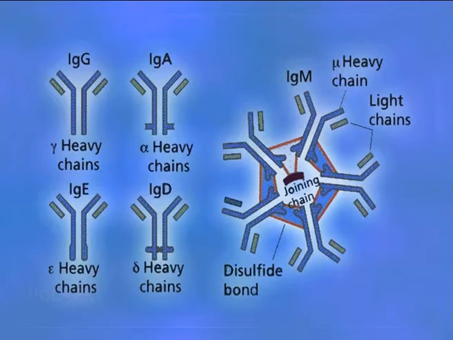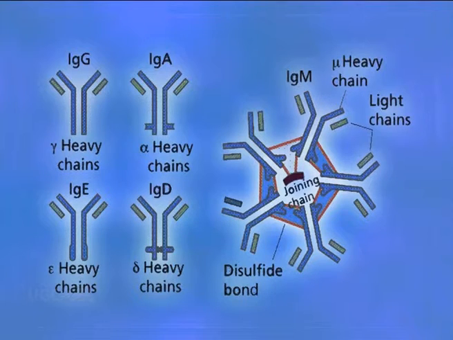These regions are called domains. Light chain domains are denoted by VL and CL, heavy chain domains are denoted by VH, CH1 to CH3 or CH4. So, this was the basic structure of the immunoglobulin molecule.